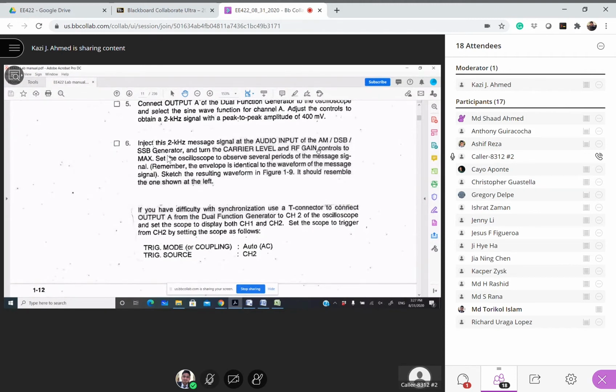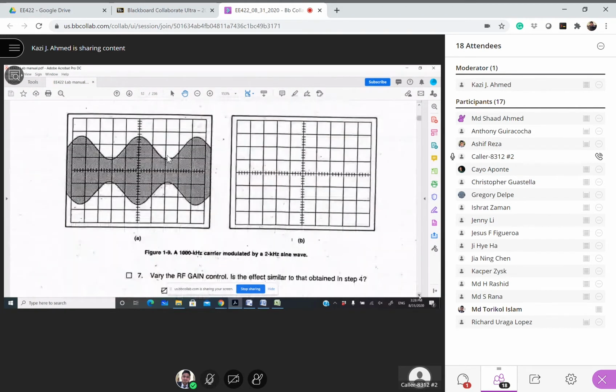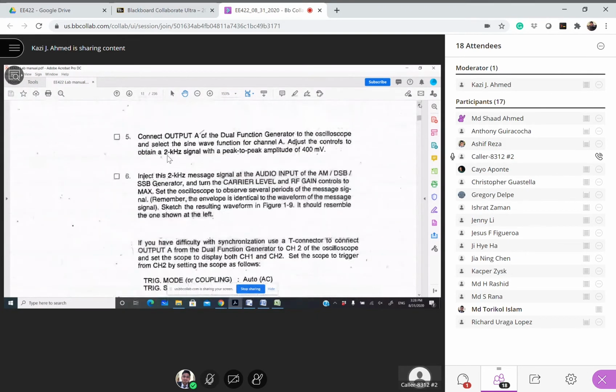Turn the carrier level and the RF control to max. Set the oscilloscope to observe several periods of this. Sketch the resulting output. It should resemble the one shown at the left. Oh, right here. And you already got this from your pre-lab.